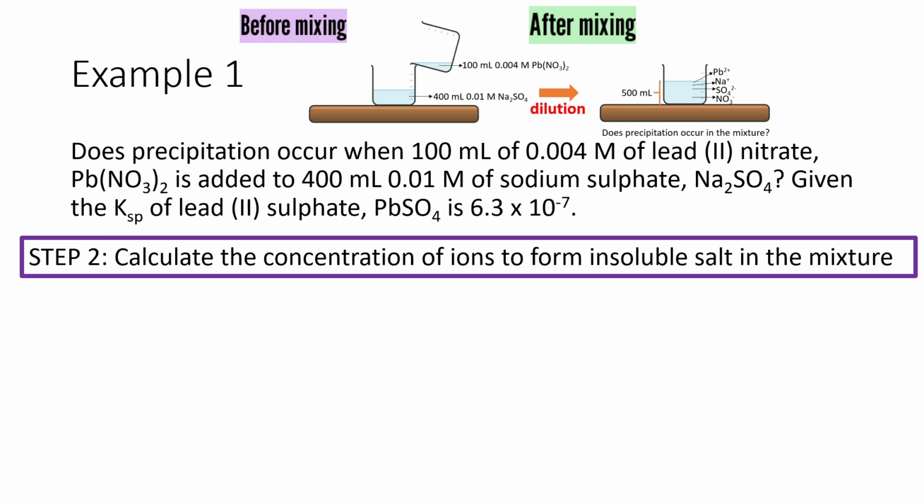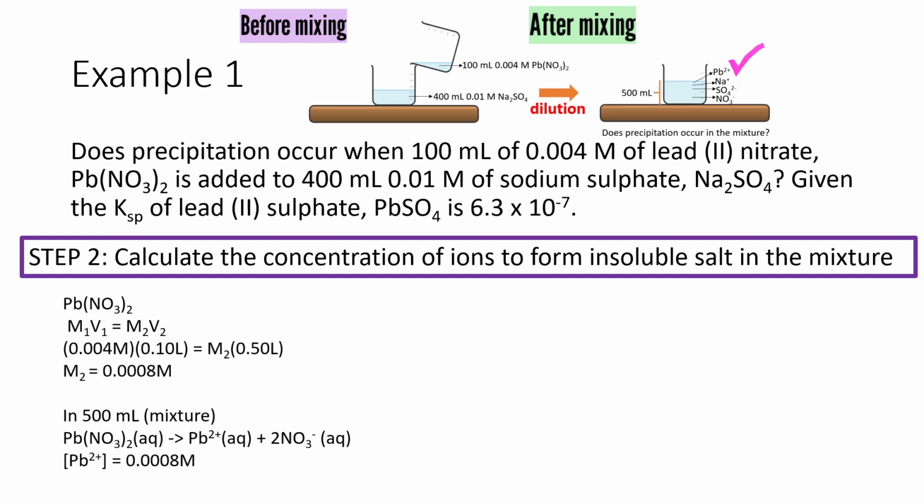Therefore, if we want to calculate the concentrations of lead-2 ion in the mixture and also the sulfate ion in the mixture, we must use the dilution formula M1V1 equals M2V2. For example, to calculate the concentration of lead-2 ion in the reaction mixture, M1V1 is the molarity and volume of lead-2 nitrate before mixing, which is 0.004 molar and 0.1 liter.